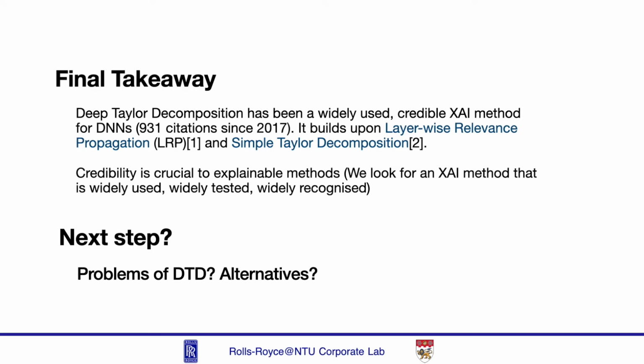Even if my technique is published and peer-reviewed, I still cannot do that. People will say it's not trustworthy because they've never seen someone explaining a network like this. So my overall takeaway is, in aerospace engineering and manufacturing, the explainable technique we choose has to be widely used, widely tested, and widely recognized.